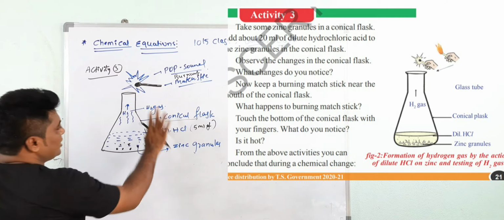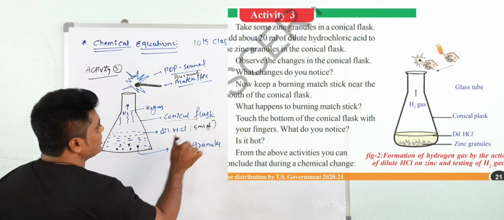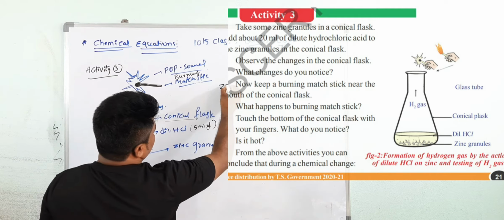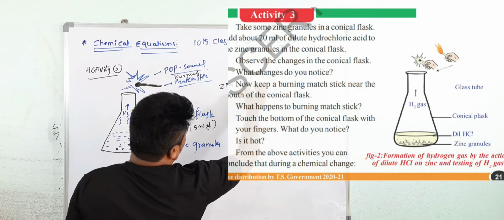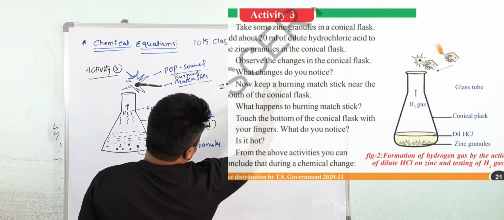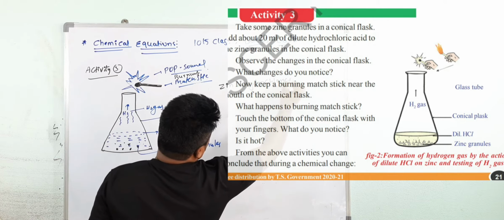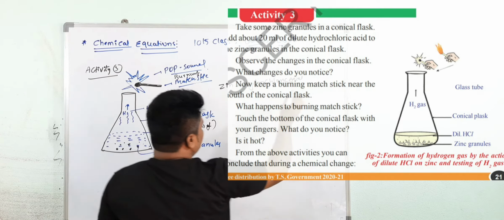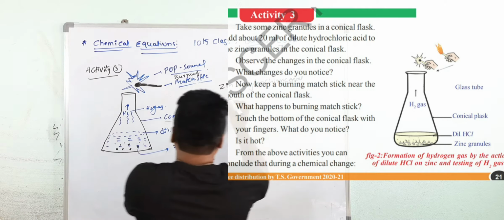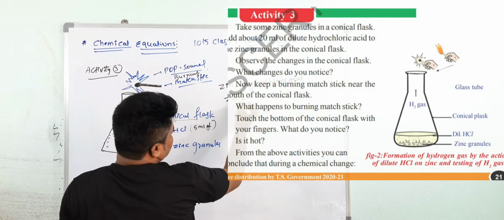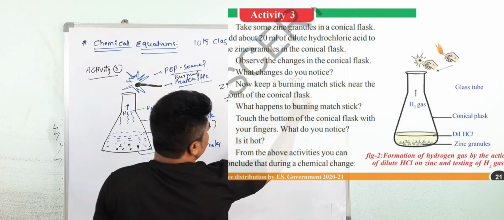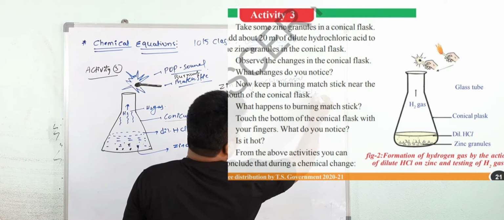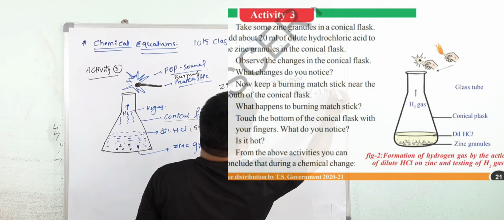See what is the chemical reaction in this flask? The zinc granules, zinc, when treated with hydrochloric acid. Zinc represents Zn. Hydrochloric acid means HCl. It reacts with zinc and you get zinc chloride, and H2 gas is evolved.